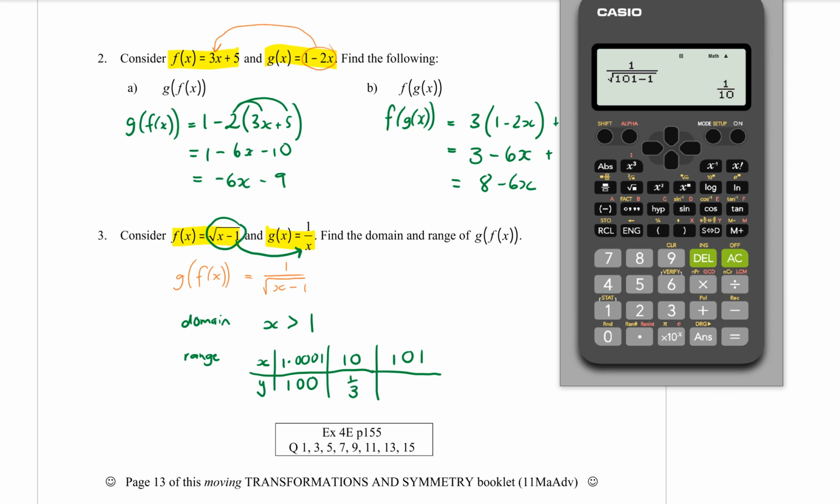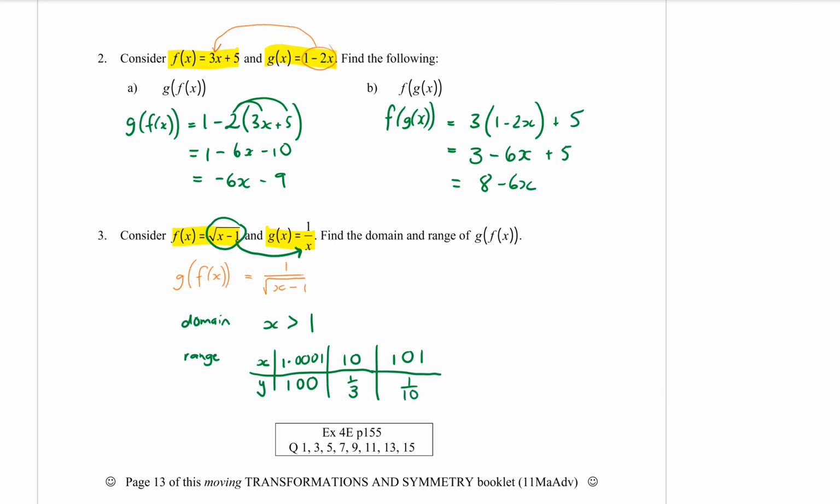And that's 1/10. So you can see, even though I've jumped up from 10 to 101, I've gone from a third to 1/10. The bigger the value I put in there, the smaller that y value is going to get. Is it ever going to get to 0? No, because we know that denominator is never actually going to be able to get to 0. So that's not going to happen.